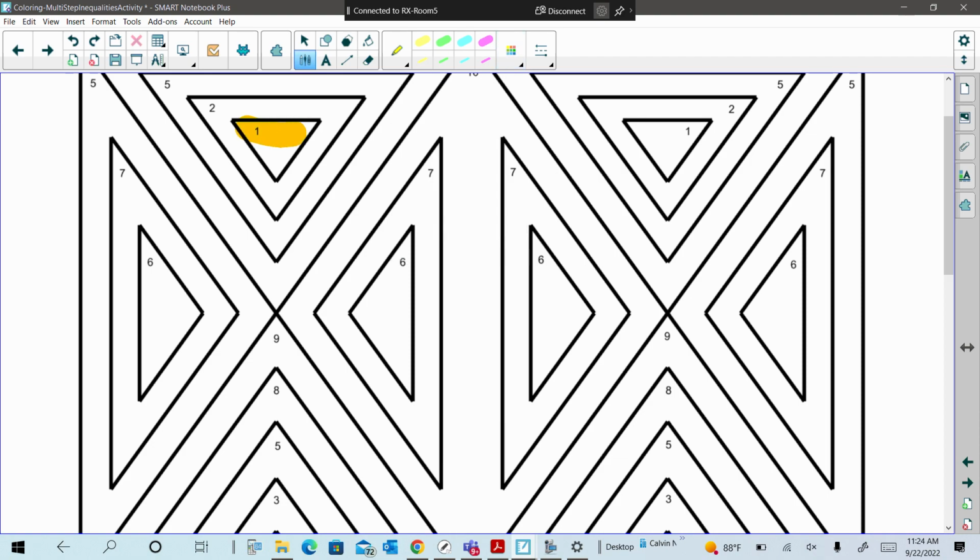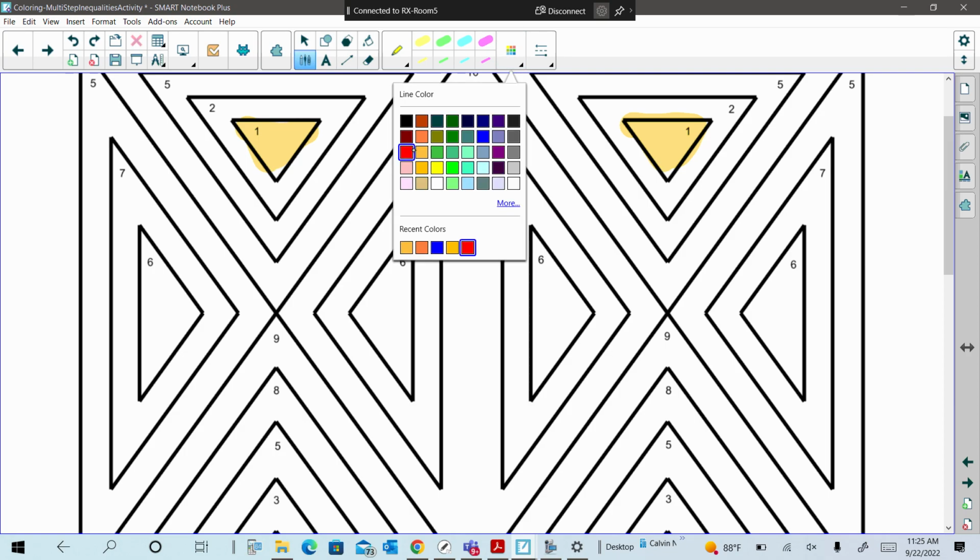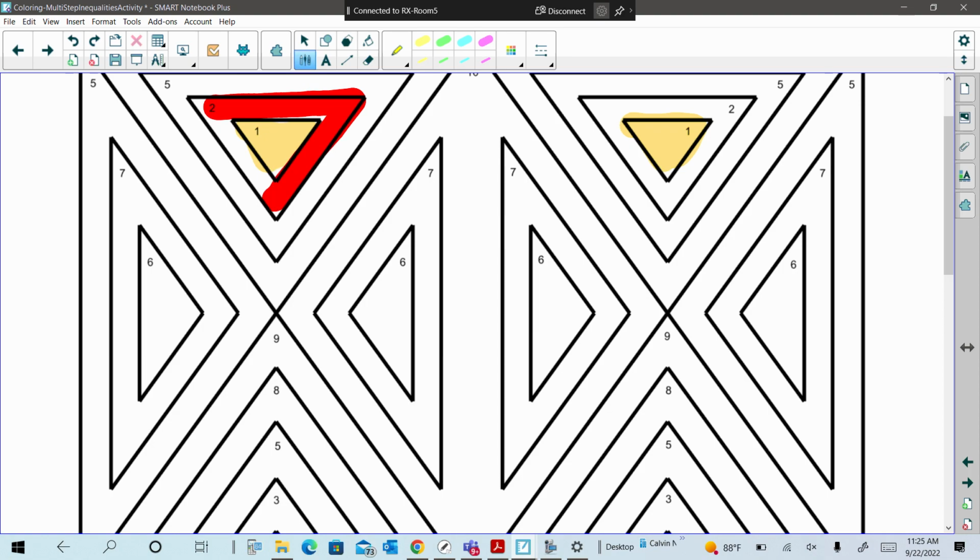Do you see how there's this number 1 here? That would be orange, and this would be orange. Everywhere I see a number 1, that's orange. Number 2 was red, so anywhere I see number 2, I color that section red. Does this make sense? That's extra credit. You have to finish the front for homework. The front is for homework.